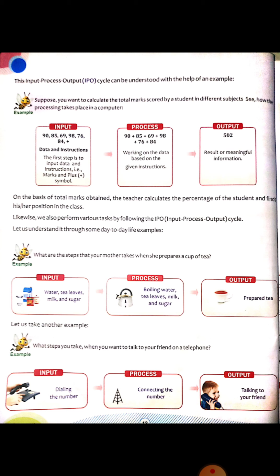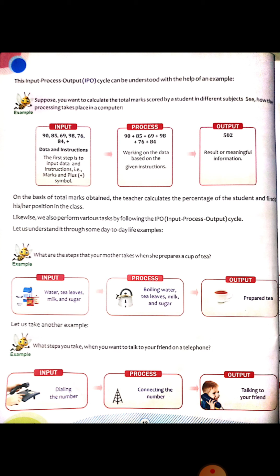For example, if mama wants to wash the clothes, firstly she puts the clothes in the washing machine, that is called input. And when the washing machine is working, cleaning the clothes, that is called processing. And when we get cleaned clothes, that is called output.